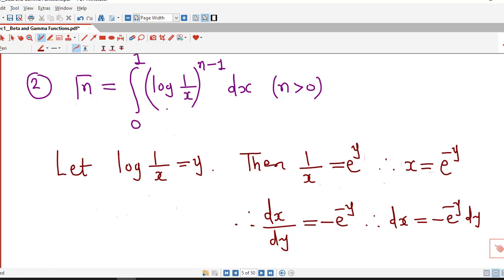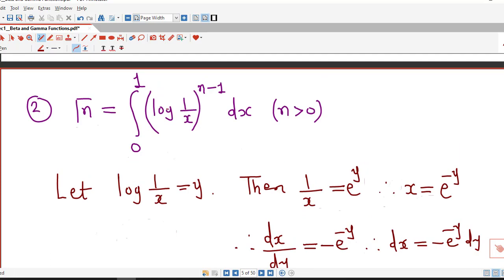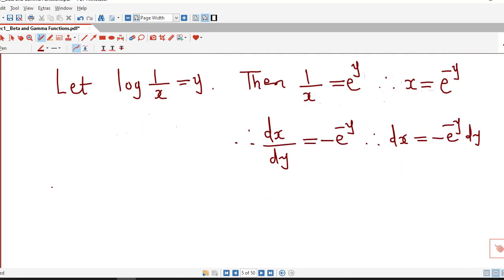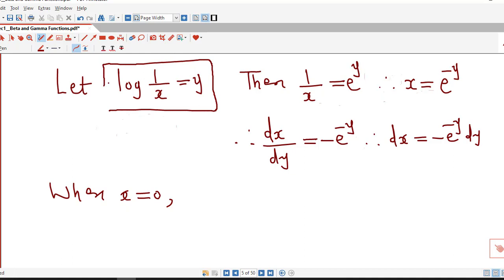And now we talk about the limits. The lower limit of x is 0. When x is 0, we can use this relationship to decide the value of y. When I consider x equal to 0, I have log 1 by 0, which is infinity. So when x is 0, y tends to infinity.